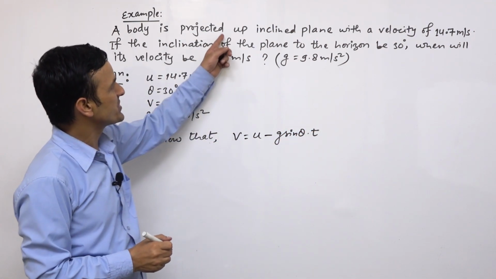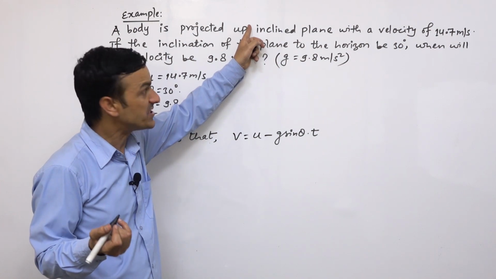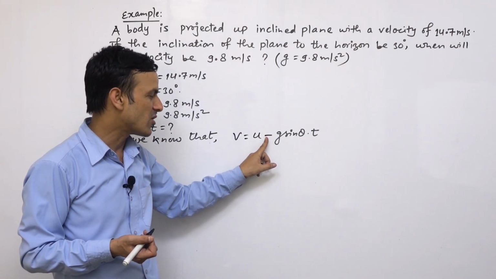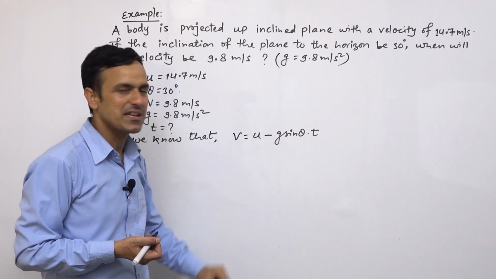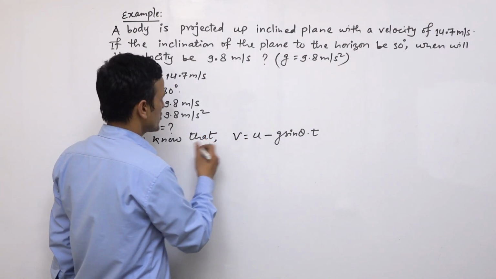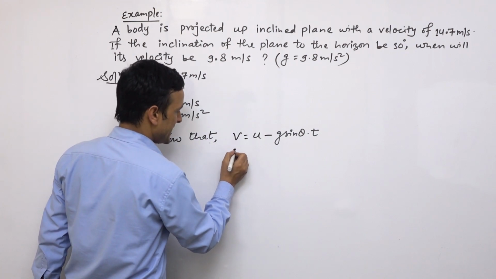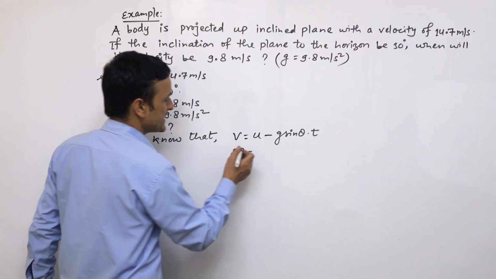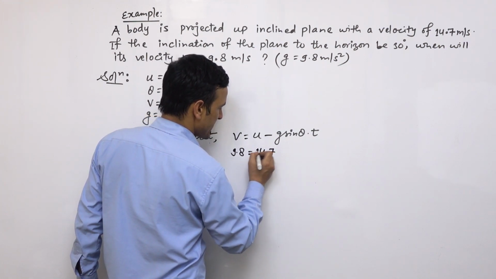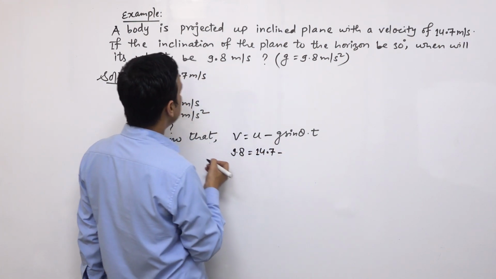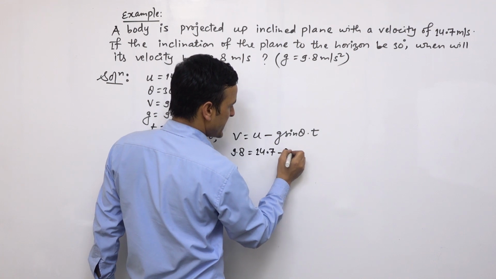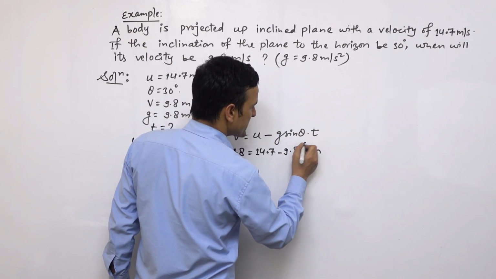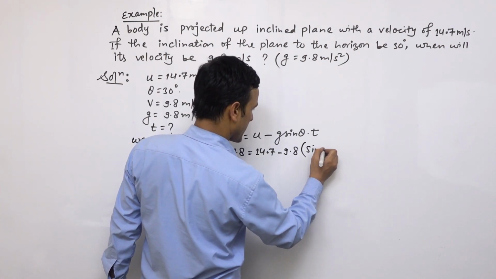So the body is projected up against the gravity. So the acceleration due to gravity is always negative. So write down negative sign, and the formula is same as previous question. So the value of v is 9.8, value of u is 14.7, and value of g is 9.8, and sin theta means what? 30 degree.